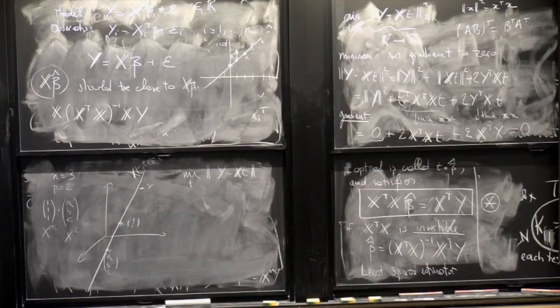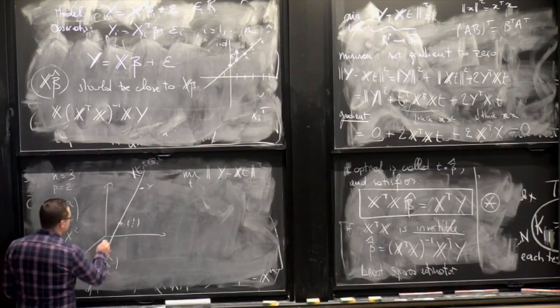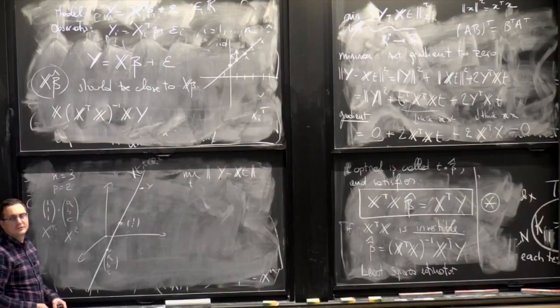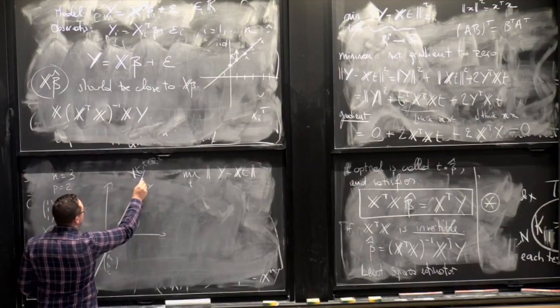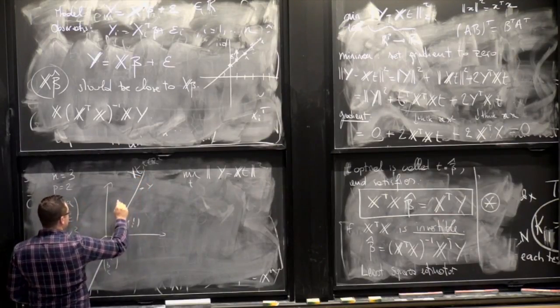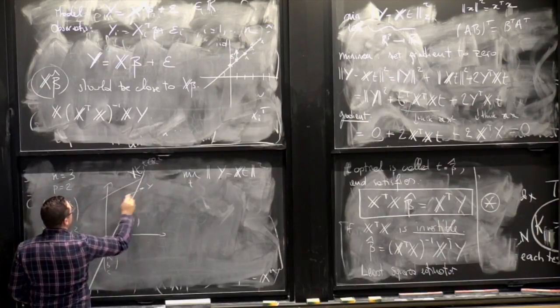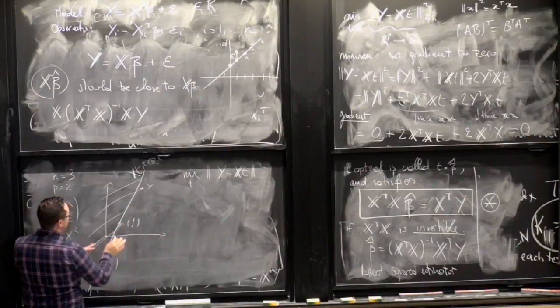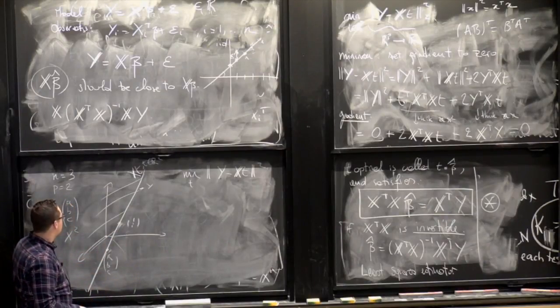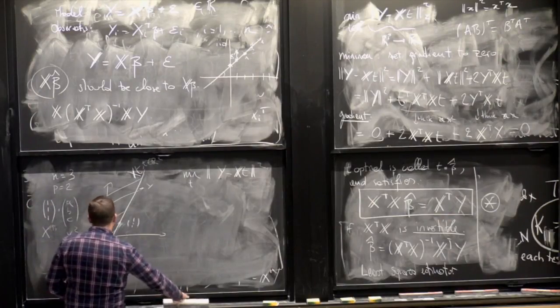Sorry, it's not just a line. I also have to have all the multiples, right? So that actually creates an entire plane, which is going to be really hard for me to represent. Maybe I shouldn't do it in these dimensions.